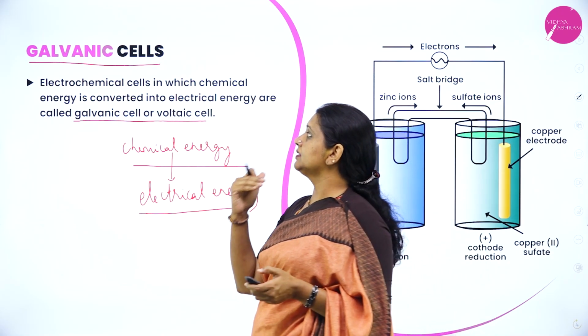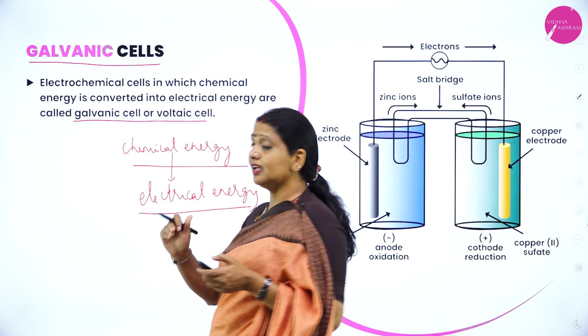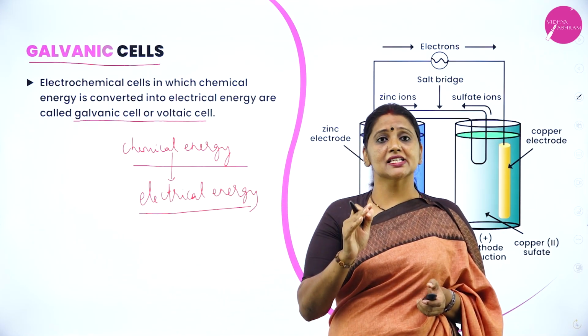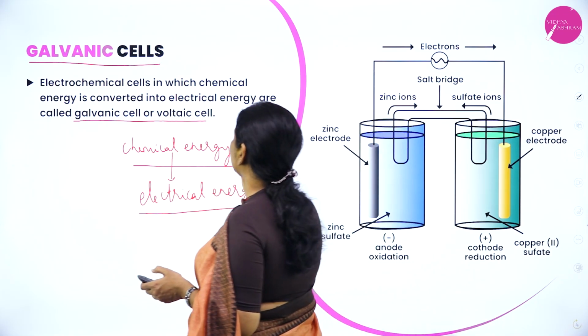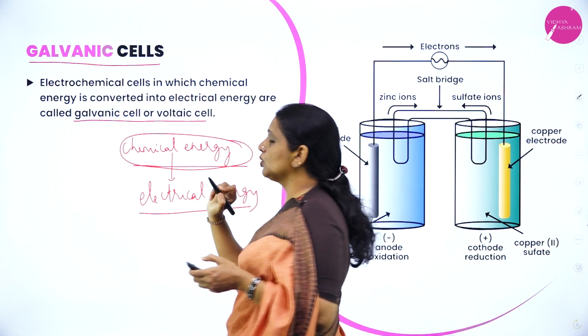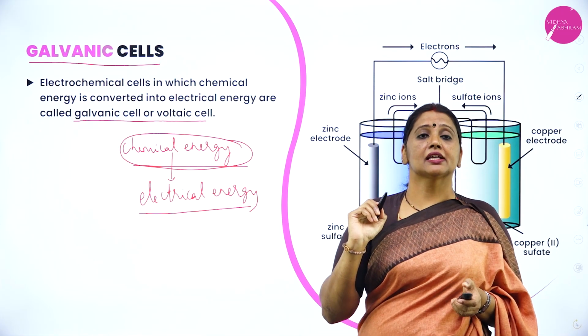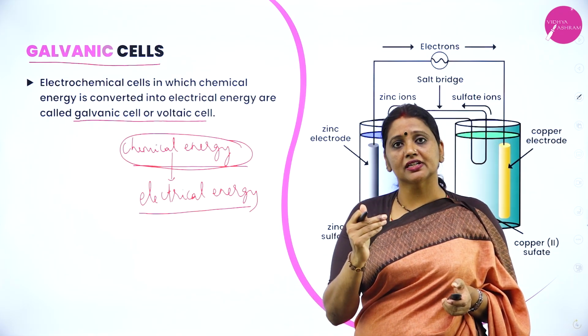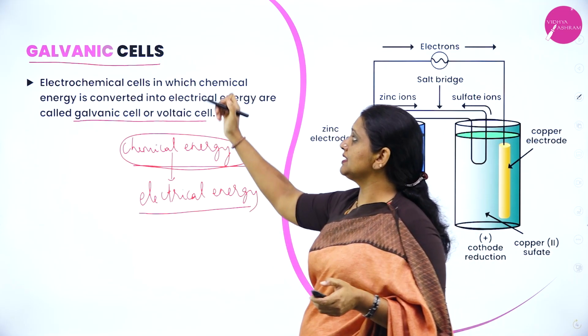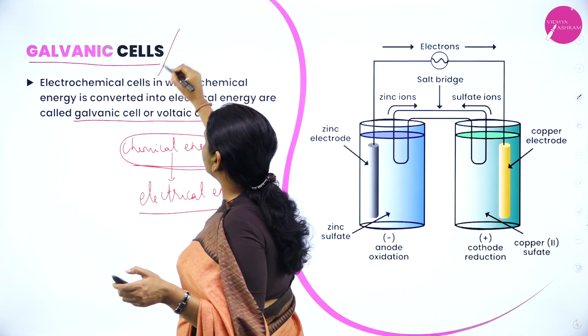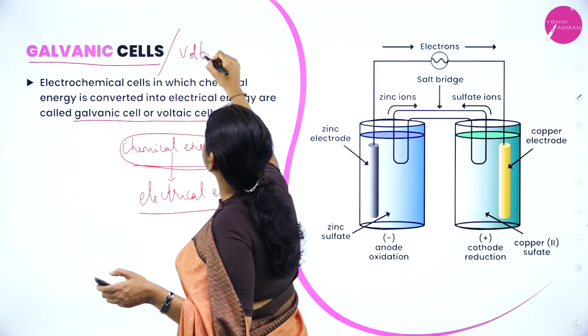What are galvanic cell or voltaic cell? Galvanic cell or voltaic cells are the electrochemical cell in which the chemical energy is converted into electrical energy. Chemical energy is converted into electrical energy by using one electrochemical cell, that is called as galvanic cell or voltaic cell.